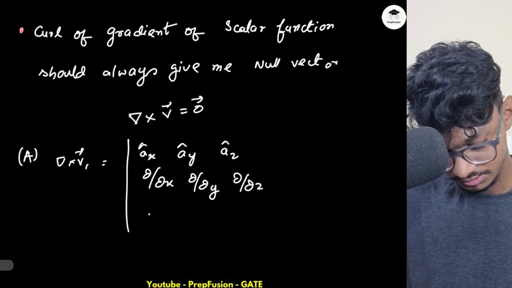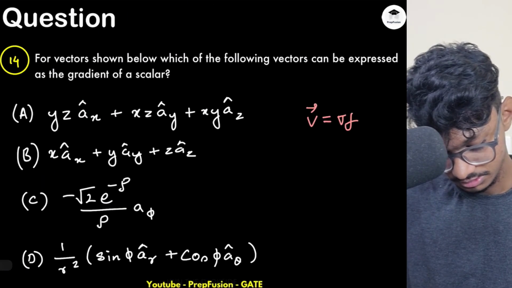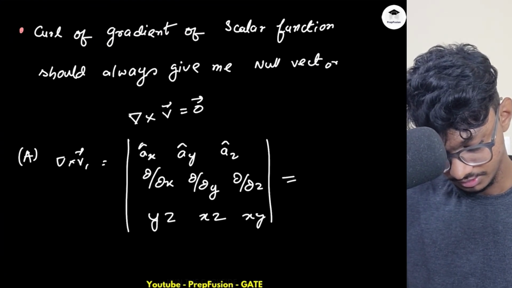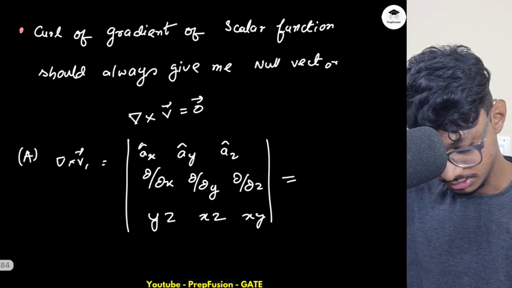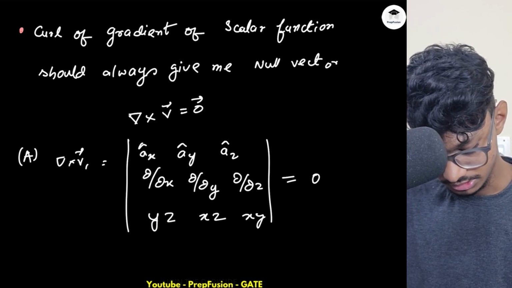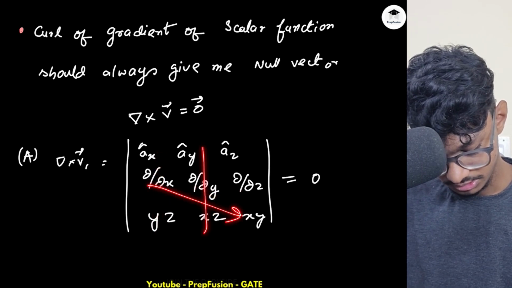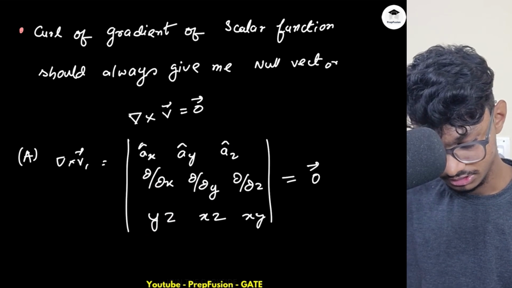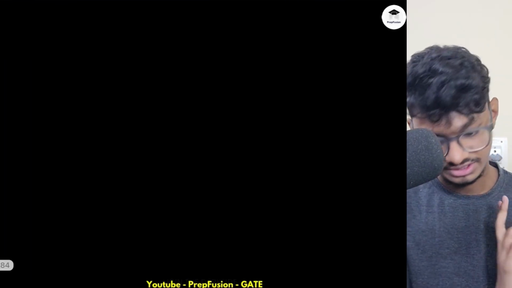X component is yz, y component is xz, this is xy. This is simply z, this is also z, so this is 0. This is x, this is y, and this is z. So this comes out to be 0. So this first option is correct, and this can be a gradient of a scalar function.